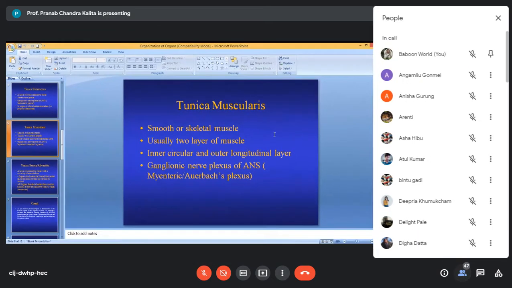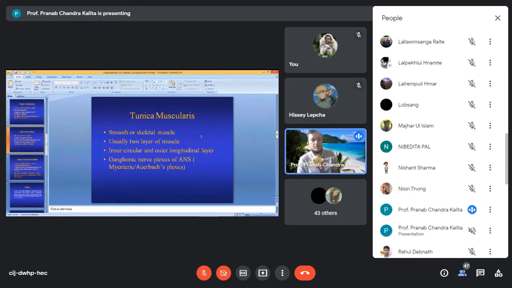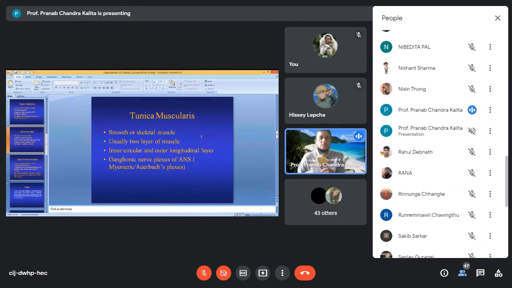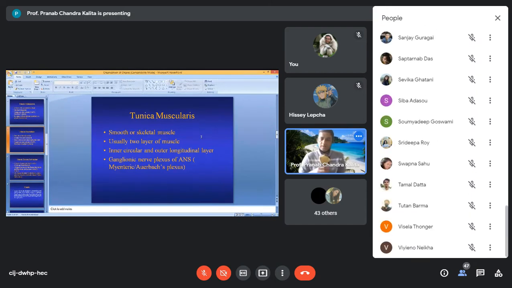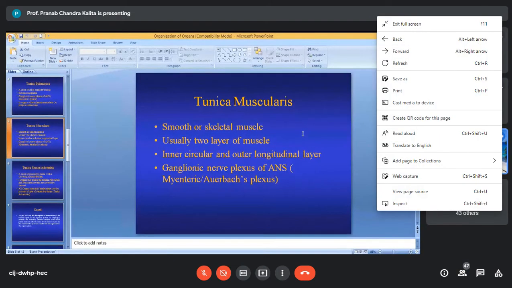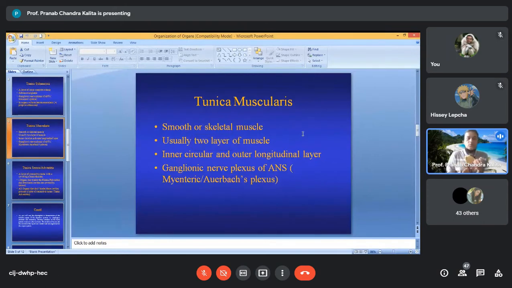Coming to the Tunica muscularis, its main function, because you will find either smooth or skeletal muscle here, is that the contraction and relaxation of the muscles help to mix up the content. Suppose we eat food through our esophagus. Due to the movement of the muscle layer of the Tunica muscularis, the ingesta is mixed within the different parts of the digestive tract.